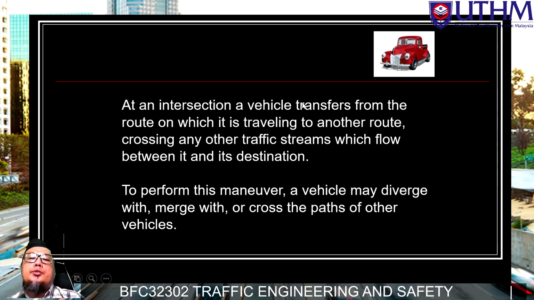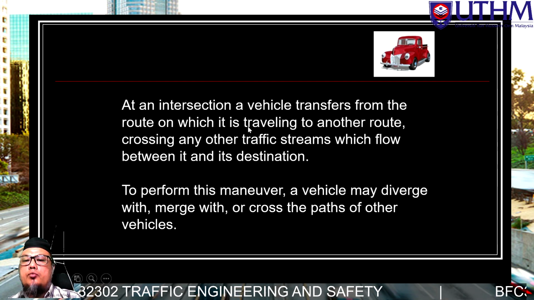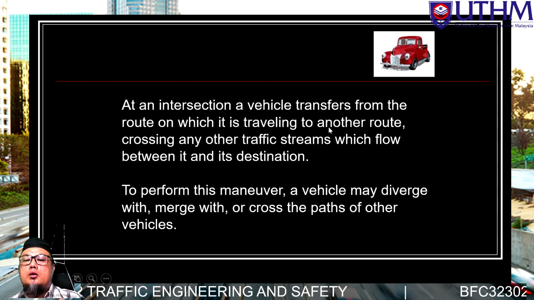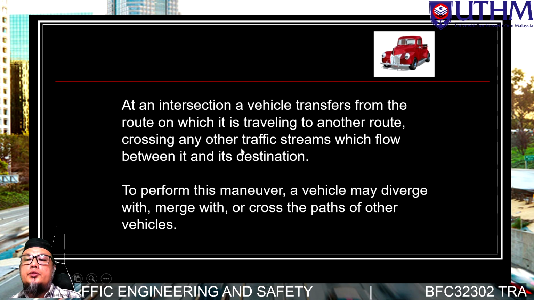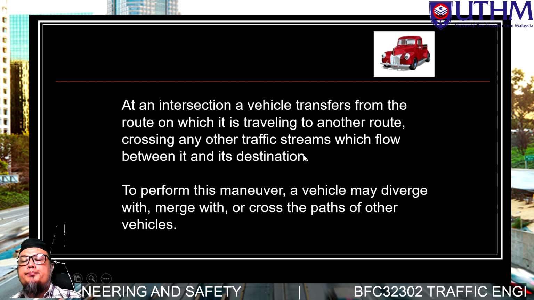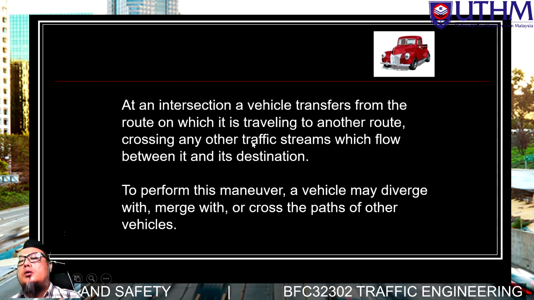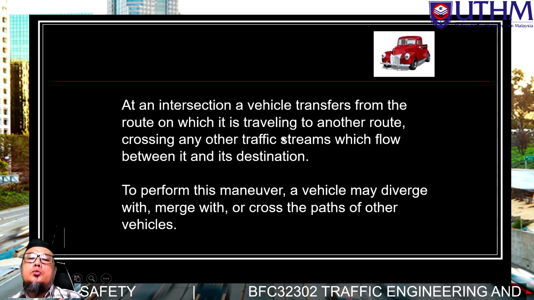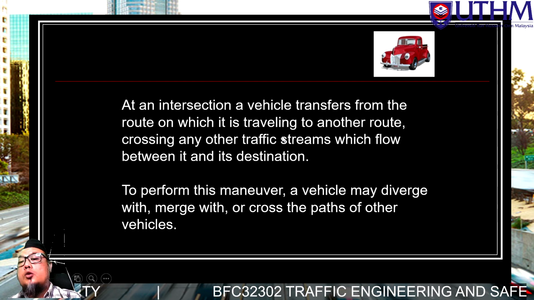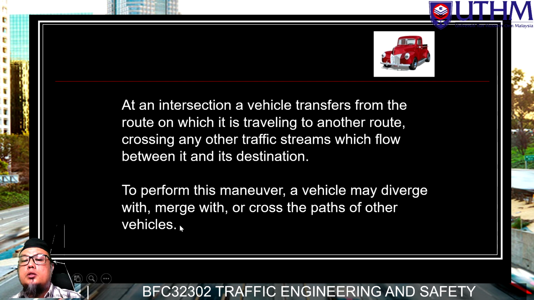Okay, at an intersection, a vehicle transfers from the route it is traveling on into other roads, crossing other traffic streams which flow between it and its destination. So ini lebih kurang operasi persimpangan sendiri untuk pergerakan kenderaan daripada satu arah ke satu arah dan juga berlaku persilangan untuk lalui ke destinasi ataupun laluan tertentu.